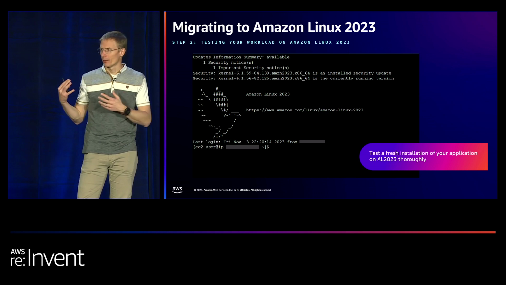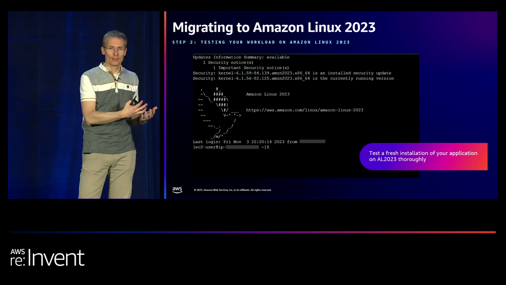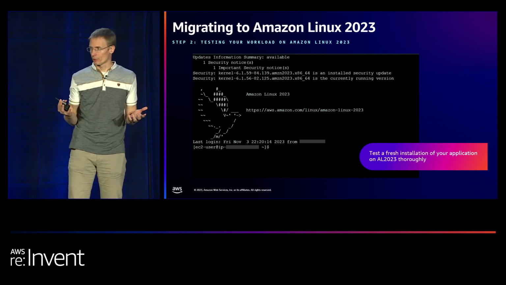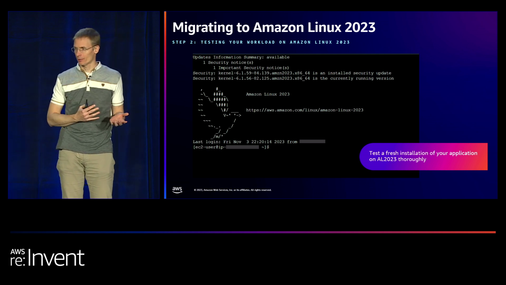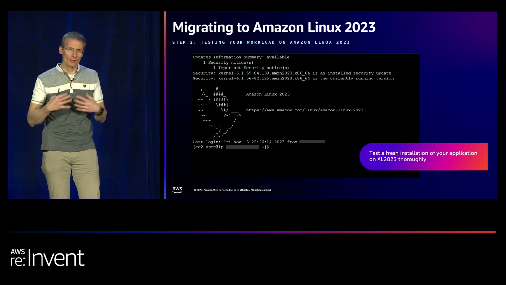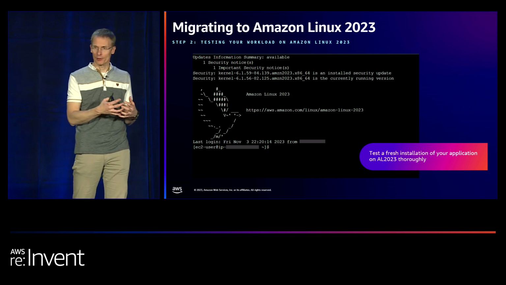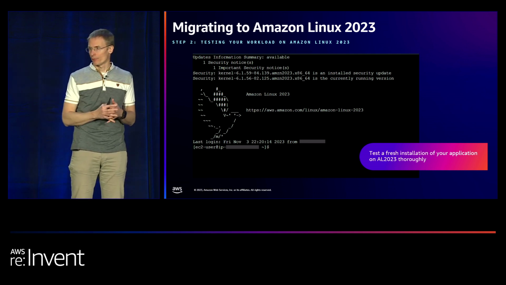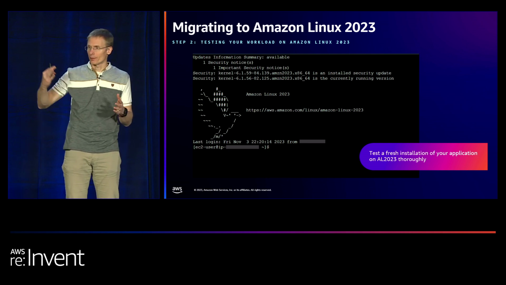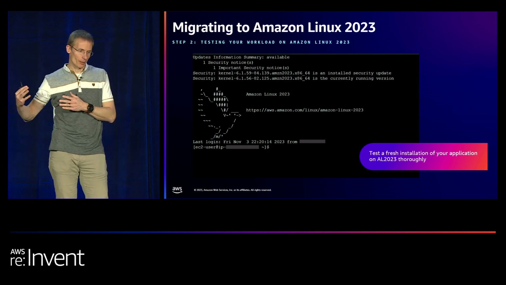So the changes that you see are essentially the progress that the open source community, tens of thousands of developers, have made over the past 10 years. That is a significant jump. That's also one of the reasons why we are increasing the release cadence with future Amazon Linux versions, because we want you to not have to do these big jumps anymore.